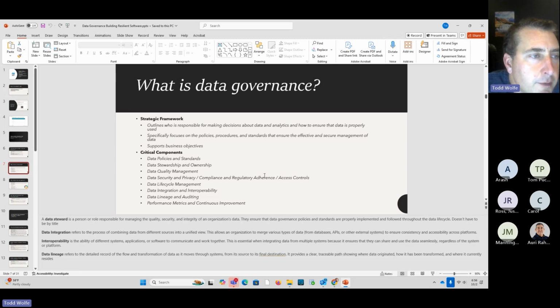So if you're not familiar exactly what it is, because sometimes folks will get it confused with data management processes or relate to only certain elements of data governance.